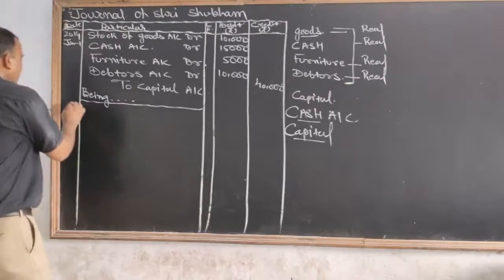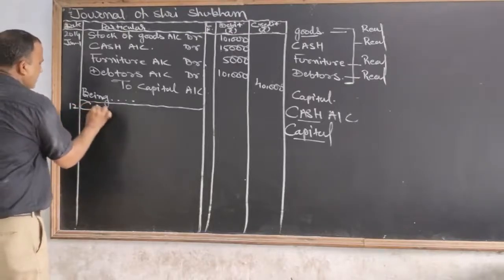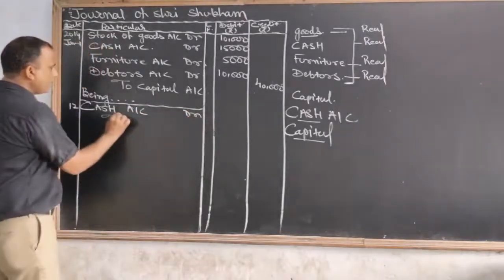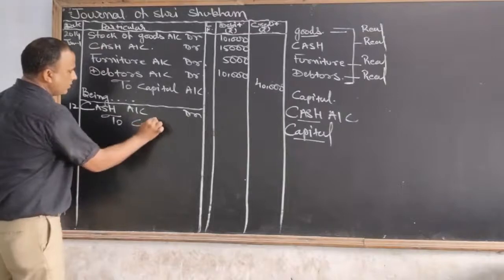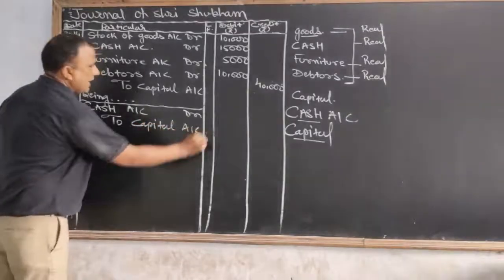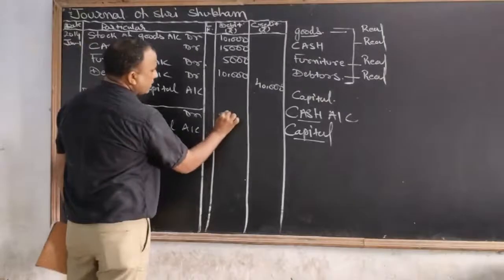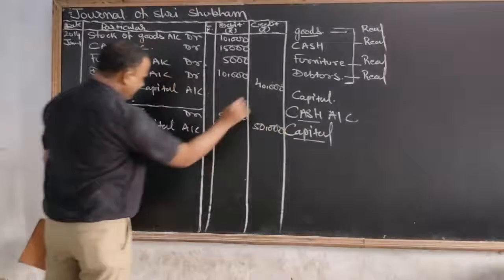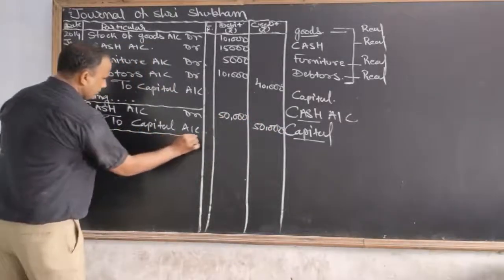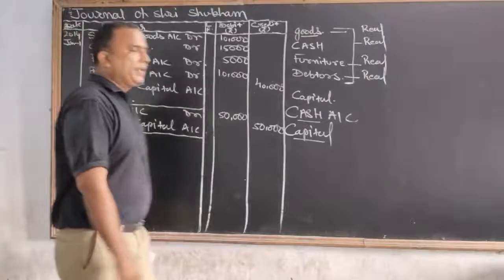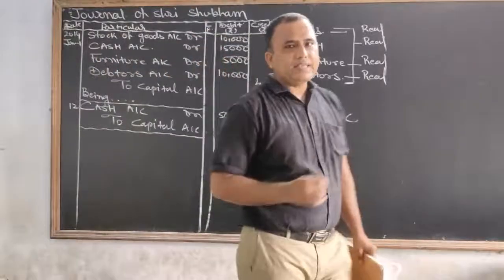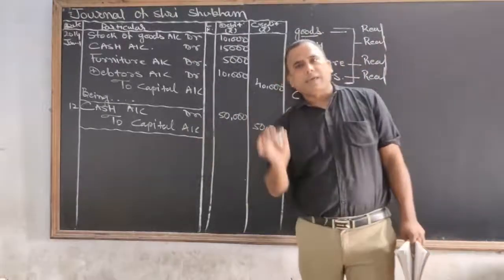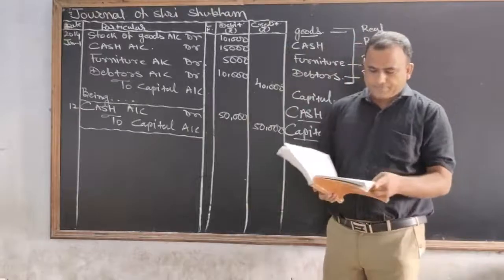So we record here date 12, cash account Dr. to capital account 50,000. Narration: Being brought cash by the owner.